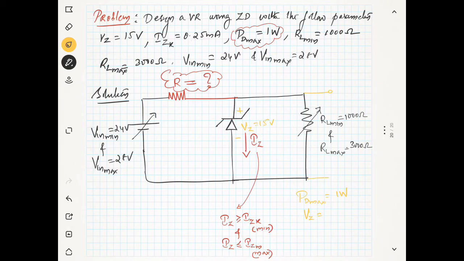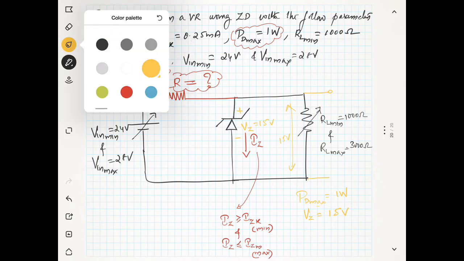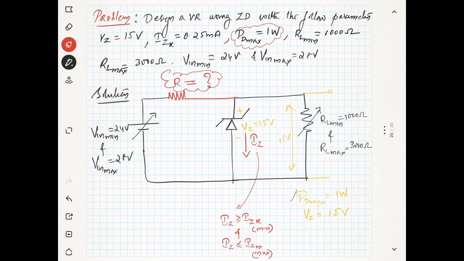So your output should be 15 volt, because you can see this Zener diode is in parallel with the load resistance. So it is 15 volt, because when the Zener diode is turned on, the voltage will be 15 volt. So this is the maximum power dissipation, and the voltage.